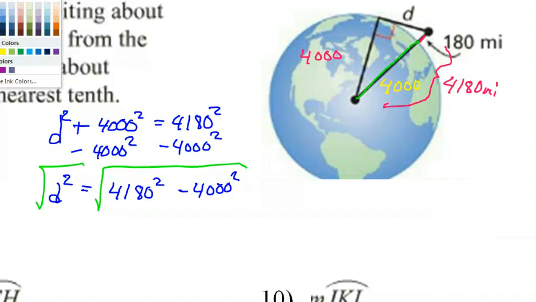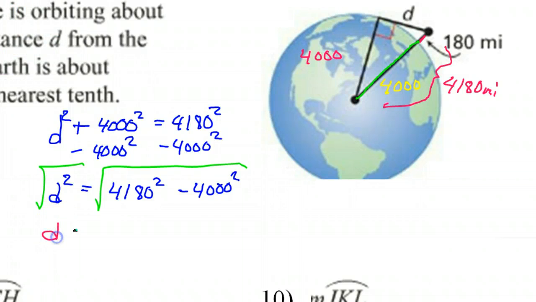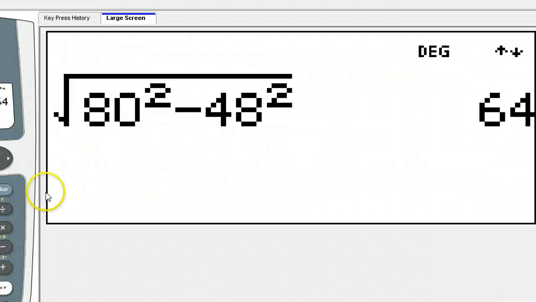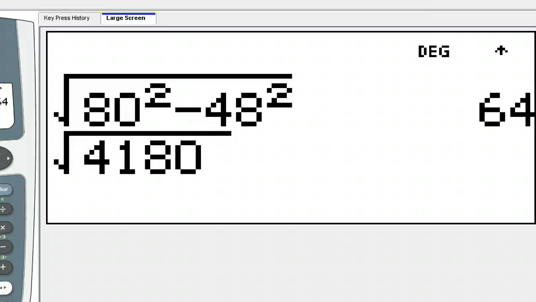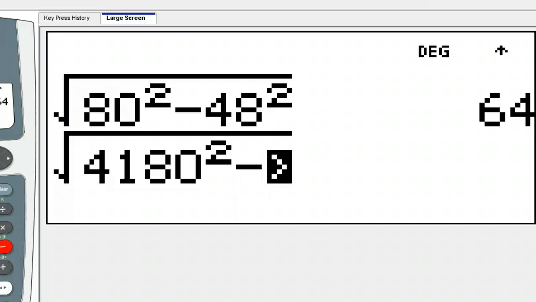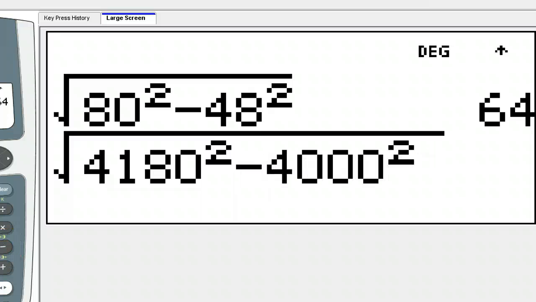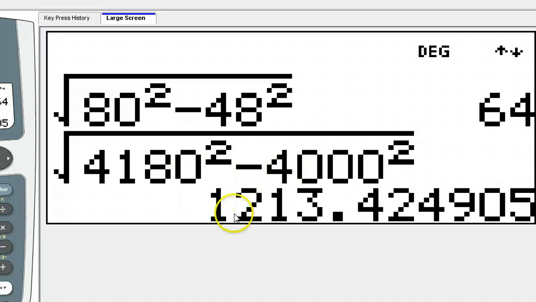That should give me this distance d. So I'm just going to put this whole thing in my calculator, which I find the easiest thing to do. It's going to be the square root of 4,180 squared minus 4,000 squared. So that gives me this.